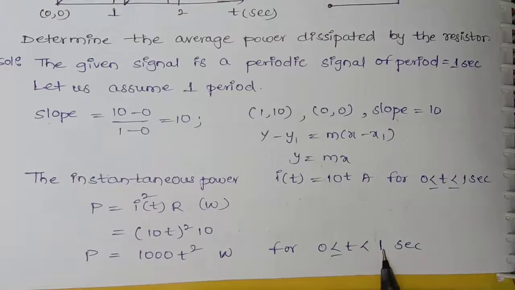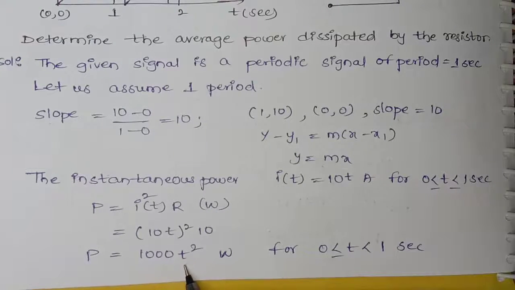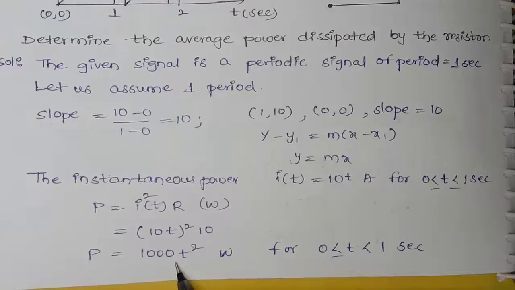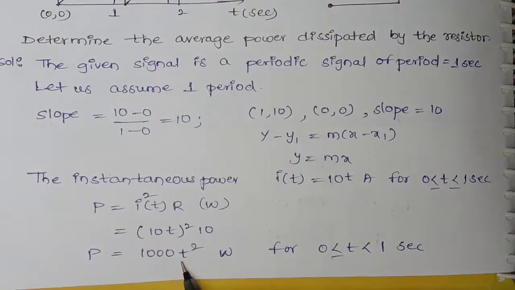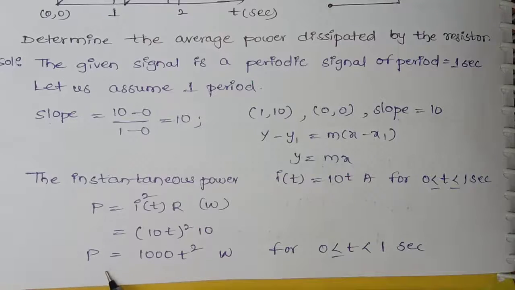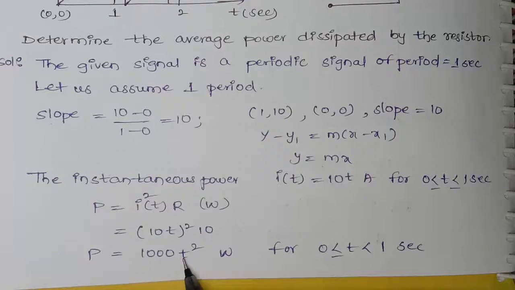If I substitute t as 0 in this equation, we get 0 watts as instantaneous power. If I substitute 1 as the t value, we get the instantaneous power as 1000 watts.